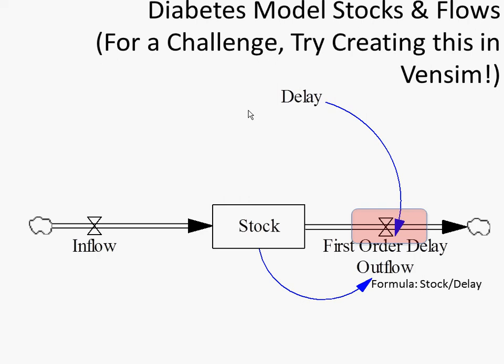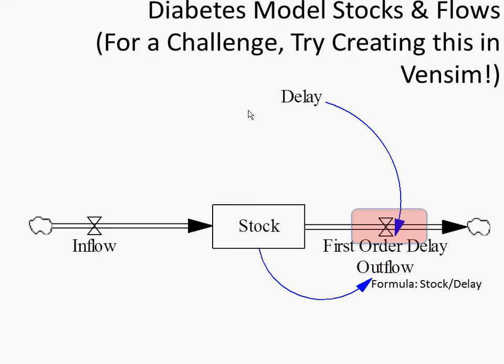It's just, the question is, do we want to give a nice name to the delay, or do we want to give a nice name to the 1 over delay? That's all. We could represent it either way. The formula changes from stock divided by the delay, to stock times whatever variable represents 1 over delay. Does that make sense?